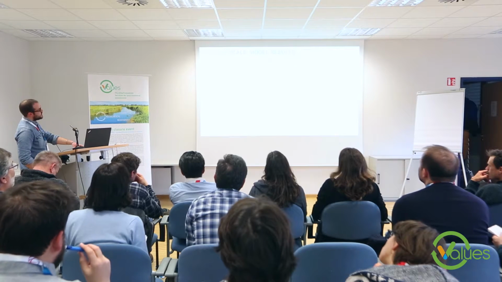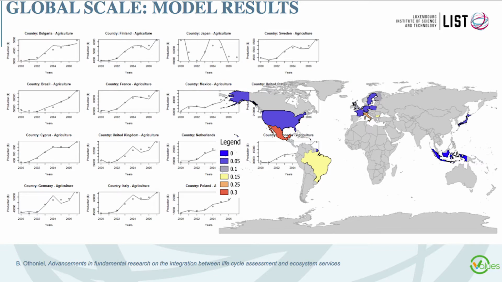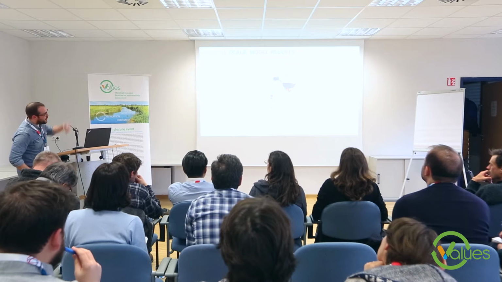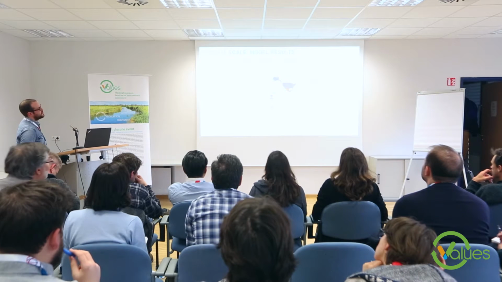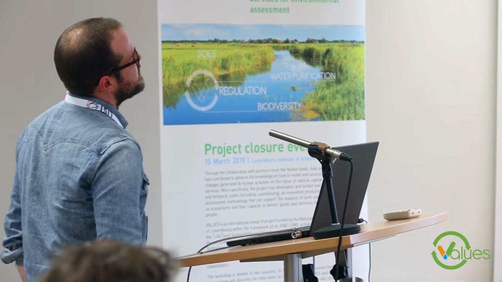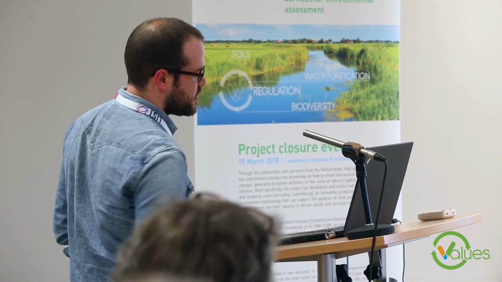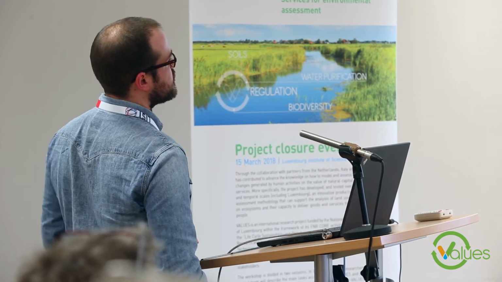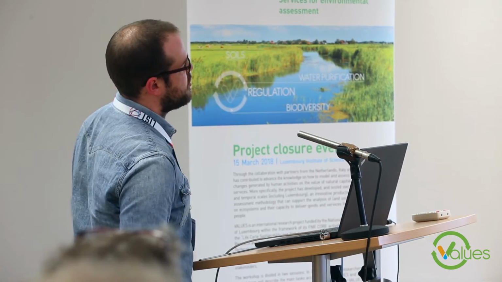And what's interesting here is that we plot the coefficients we find in this production function. This coefficient has to be understood as: the higher it is, the more changes in land use contribute to changes in production.